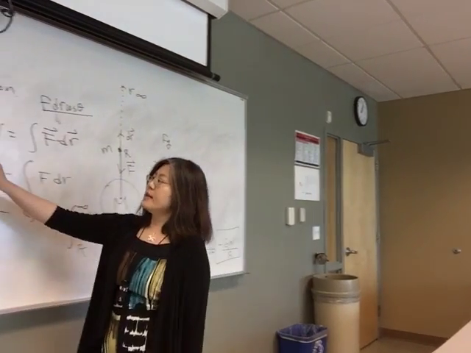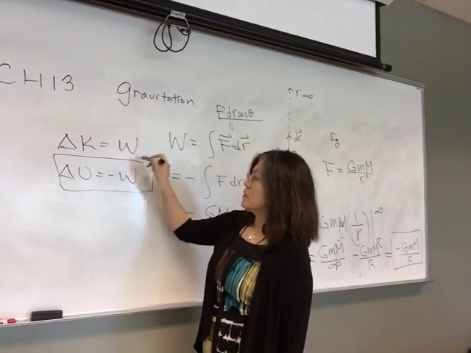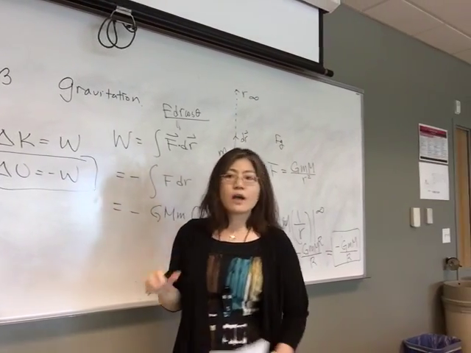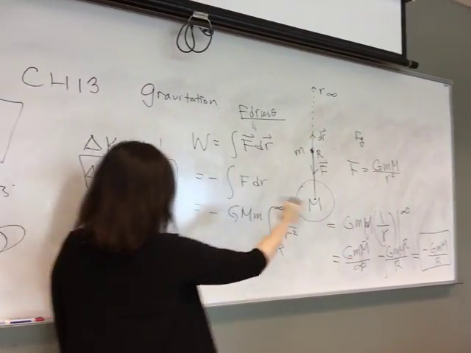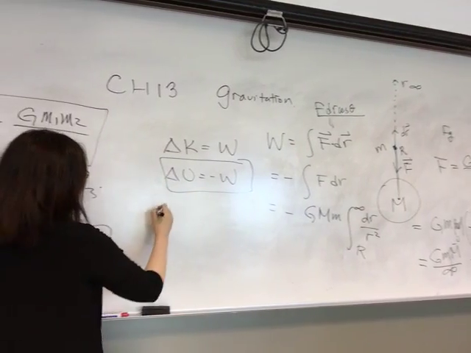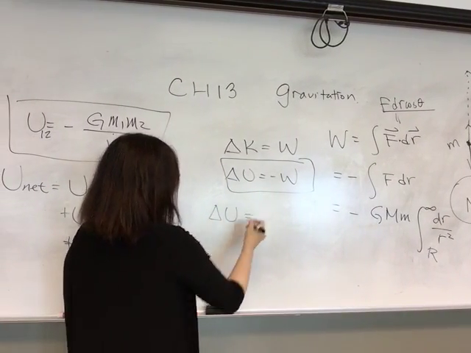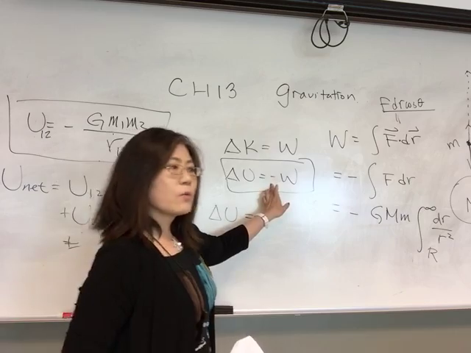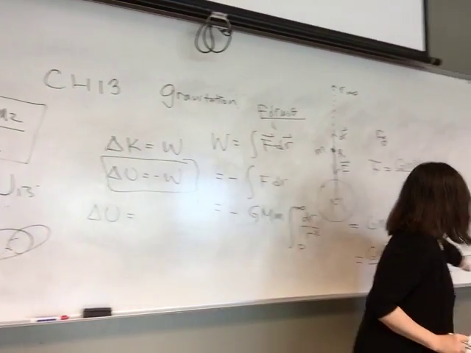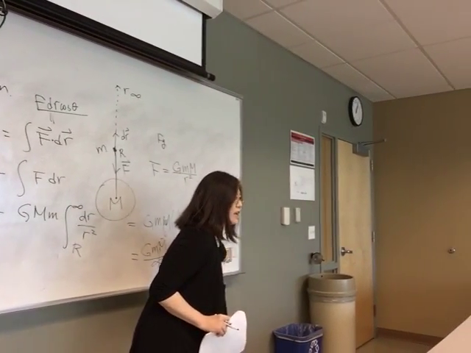Remember, the amount of work is equal to negative delta U, so we can set that equal to each other. So delta U is equal to negative work; your work is equal to this. Negative, negative, that negative gets cancelled.